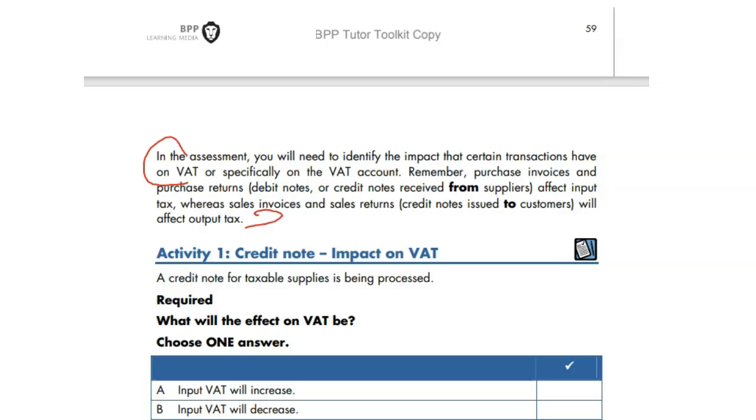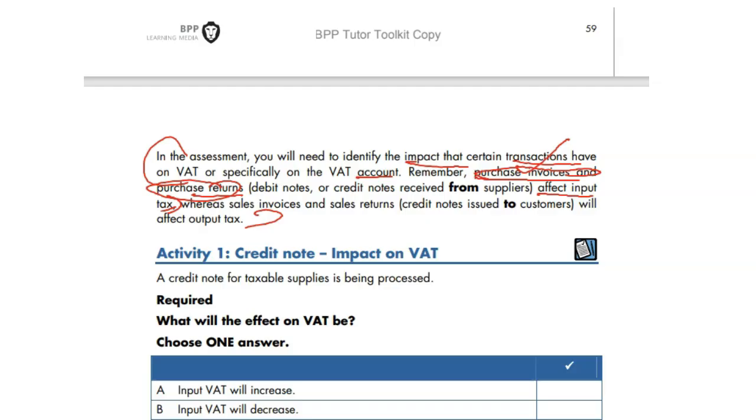Let's check out this particular paragraph. It says, in the assessment, you will need to identify the impact that certain transactions have on the VAT account. Remember, purchase invoice and purchase return affect input tax. Please do remember, purchase invoice and purchase return, these are related to input, doesn't it? Purchase invoice makes your input tax higher, purchase return makes your input tax lower.